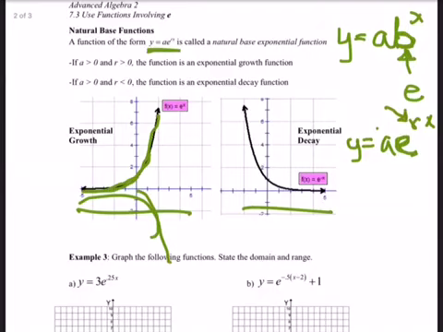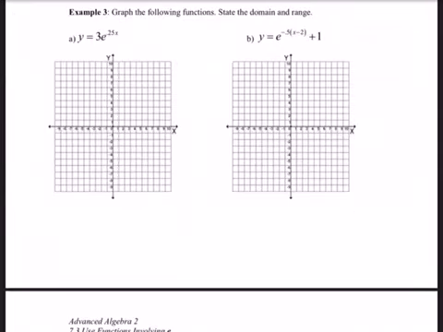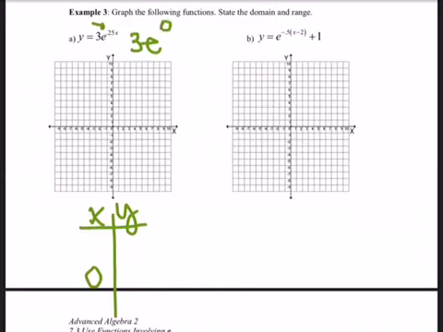Let's look at graphing a couple of these. So if I have 3e^(0.25x), my r value is this 0.25. It's positive, so that means I should have a growth graph. I'm going to start with x equals 0, because that's going to make this 3e to the 0 power. 3 times 1 is 3. So I have a graph that's going to go through (0, 3).